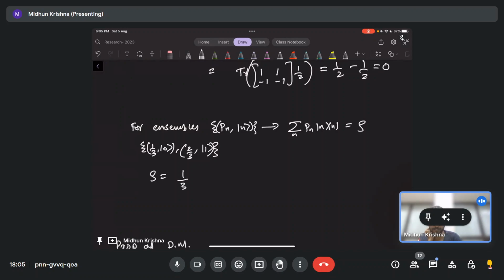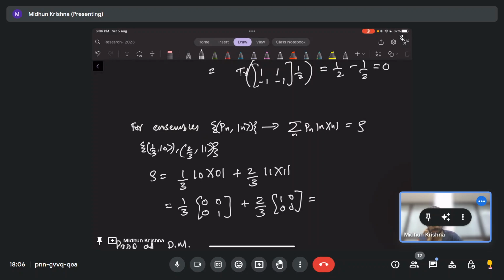With probability 1 by 3, I get the state 0, so I do the outer product of 0, 0. And add to it, with probability 2 by 3, I'll get the state 1, 1. Okay? So this is my density matrix. So this will be 1 by 3, 0, 0, 0, 1, plus 2 by 3, 1, 0, 0, 0. This is nothing but 2 by 3, 0, 0, 1 by 3.